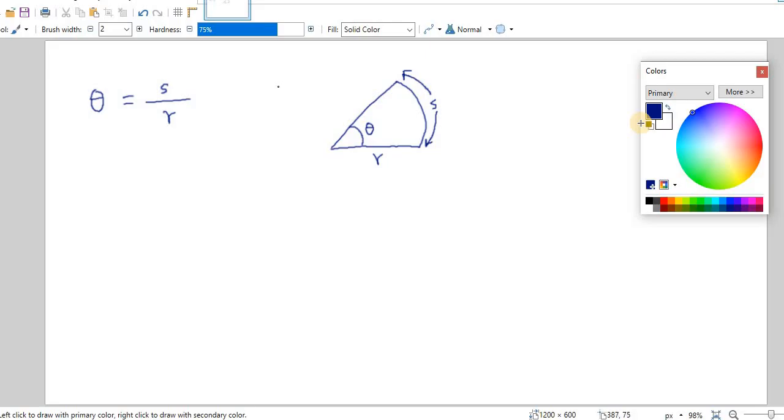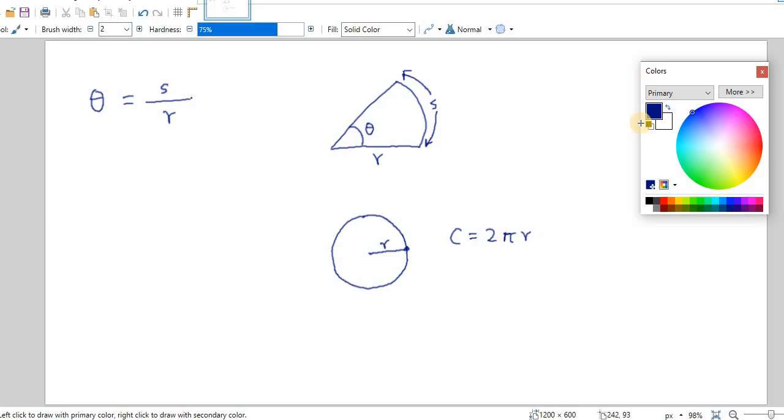So now if you consider a circle, if I draw a circle, right, so this is the center. Let's say the object started somewhere here, so this is the radius r. Let's say the object started here, then it went all the way round up to here. So the distance it traveled is equal to the circumference of the circle, and you have learned the equation for circumference of a circle, that is 2 pi r.